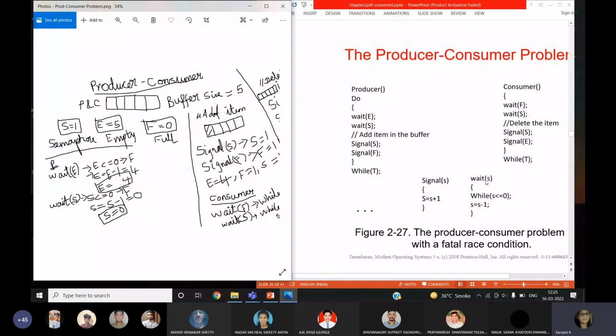Within the wait function, we always check the S value. If the S value is less than or equal to 0, it should be in busy wait. If this condition is false, that means it is not 0 or less than 0, then the S value will be decremented by 1. Everywhere it is like that.